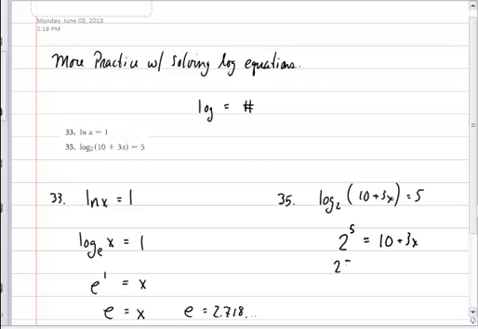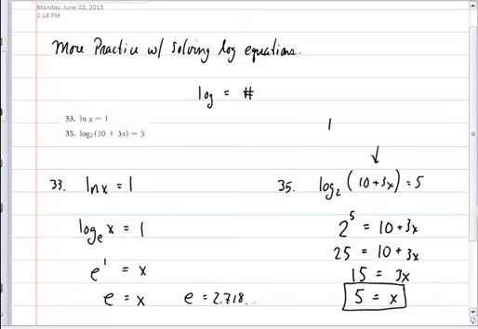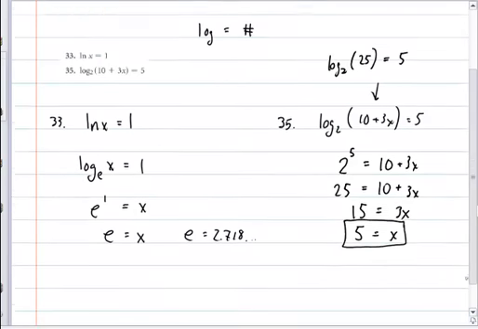And then we're solving the equation. And that would be our answer for this logarithm. We'd of course want to check by plugging that in. So you'd have log base 2 of 25, and that would equal 5. So that checks out.